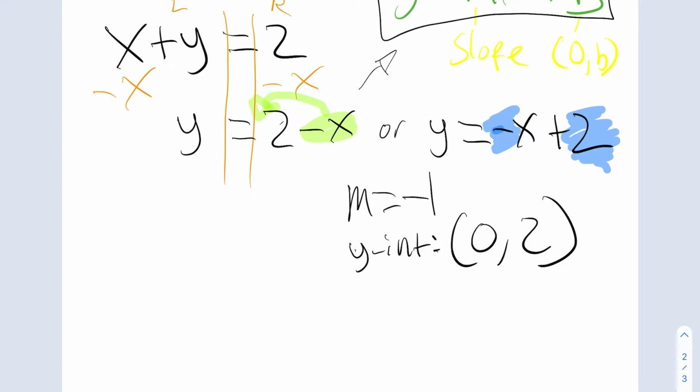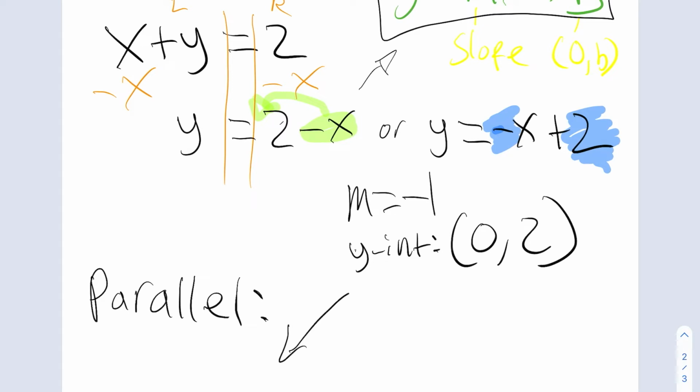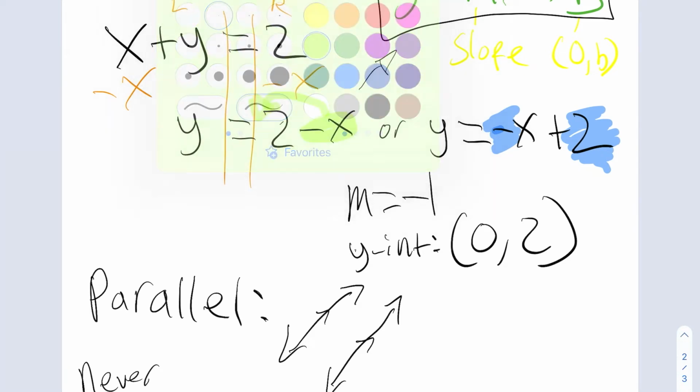And the last topic we're going to talk about is parallel and perpendicular. Parallel means that your lines are never, ever going to cross. They're going to go on forever.